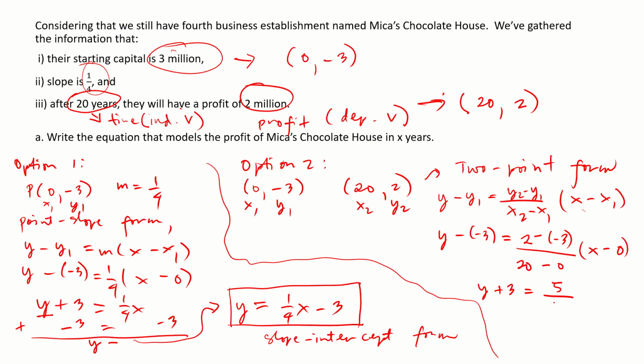And 20 minus 0 is 20. Then you have x here. If you simplify 5 over 20, that would become 1/4 x. If you notice, we already ended up with the same equation from our option 1. And still, if you write your final answer in slope-intercept form, that's y is equal to 1/4 x minus 3.